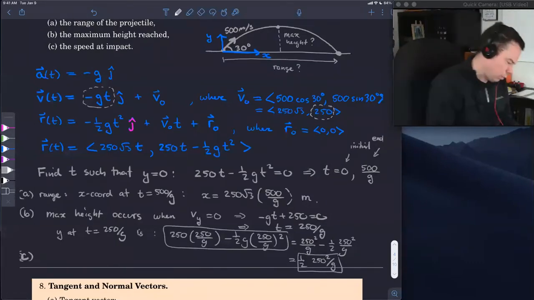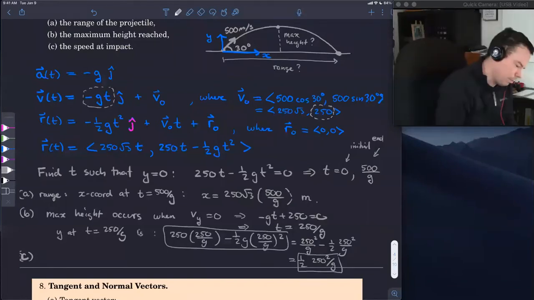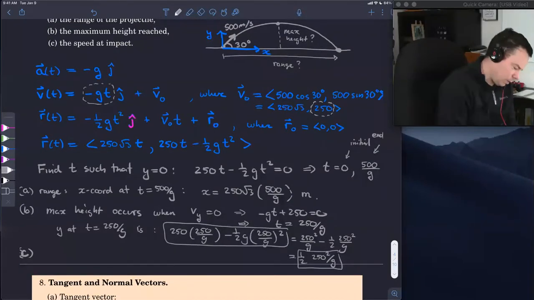Next we want to find the speed at impact. So the speed at impact means we need to know what is the velocity at that final time, 500 over g, and the velocity in this case is 250 root 3, 250 minus 500 over g times g.